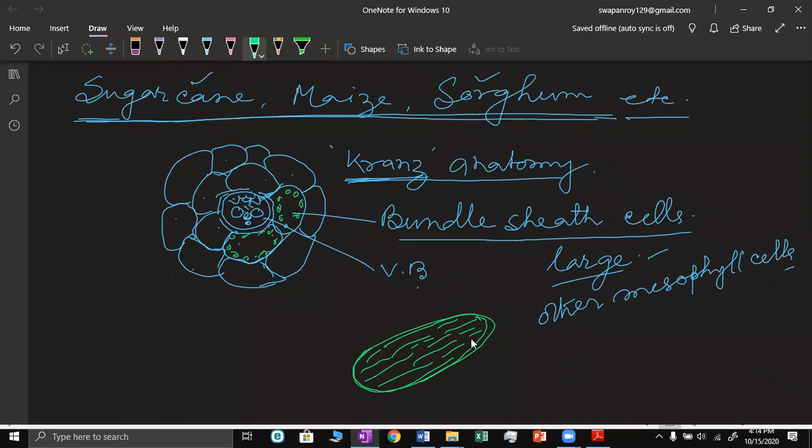You should only know that these chloroplasts have very little grana.